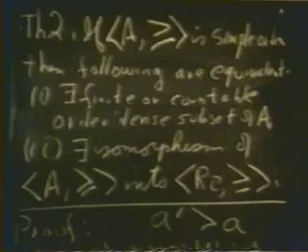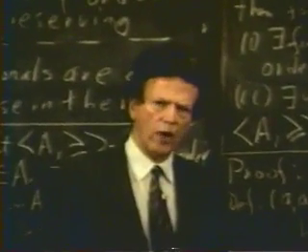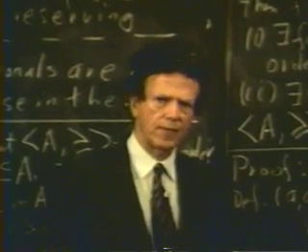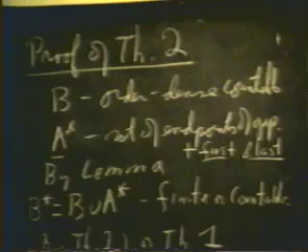With this lemma available, we are now in a position to go directly to the proof of theorem 2. So we're now ready for the main proof of theorem 2. First, some definitions.